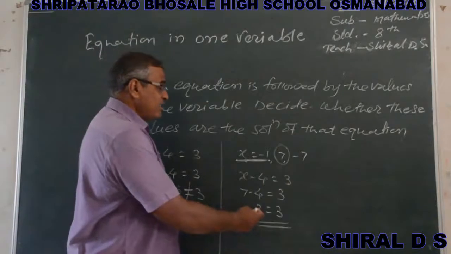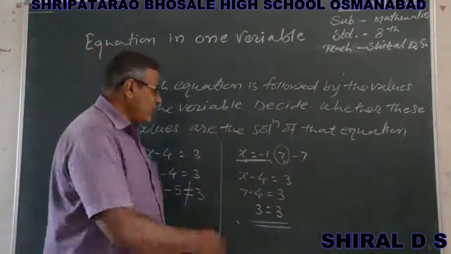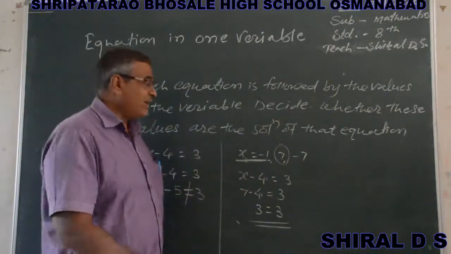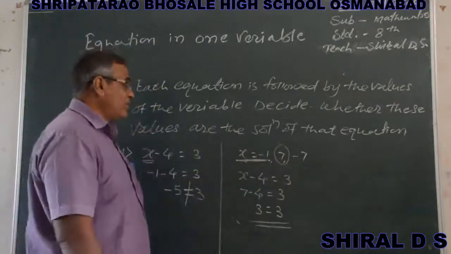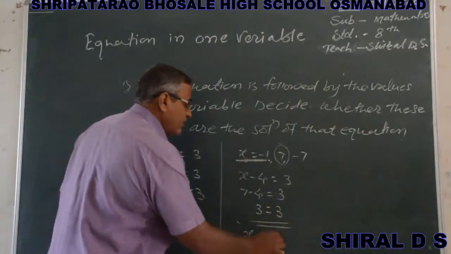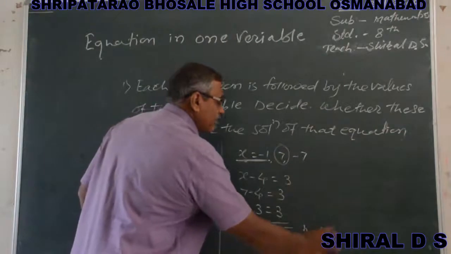If the value of the variable put in this equation and equation is balanced, then we say that value is the solution of the given equation. Therefore, x is equal to 7 is the solution of the equation.